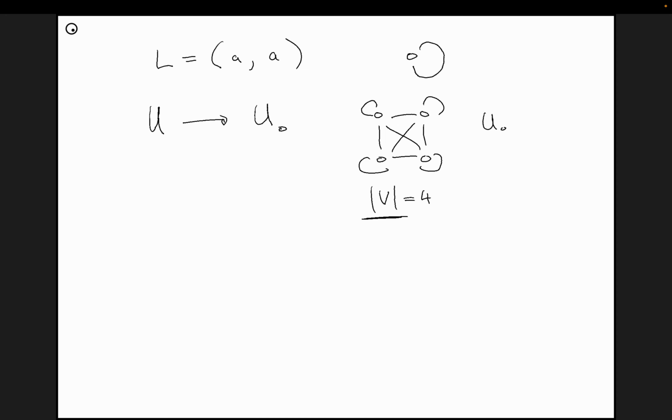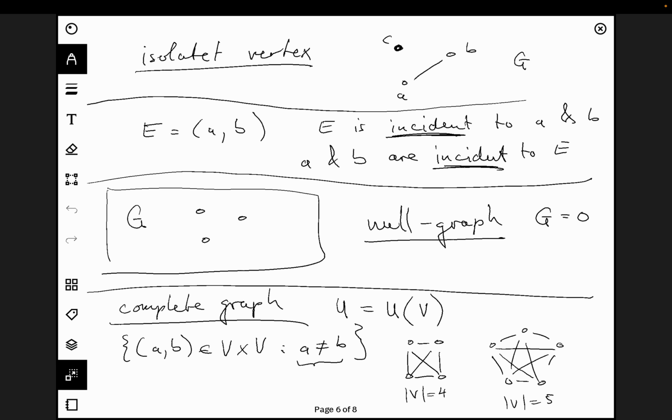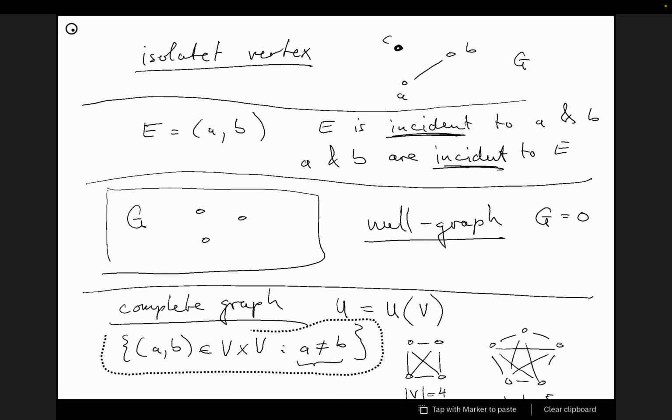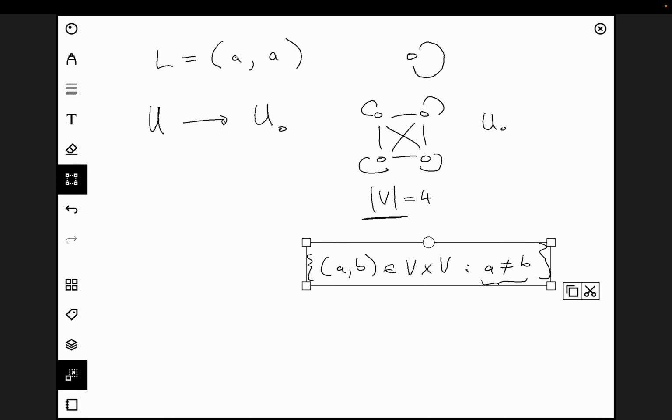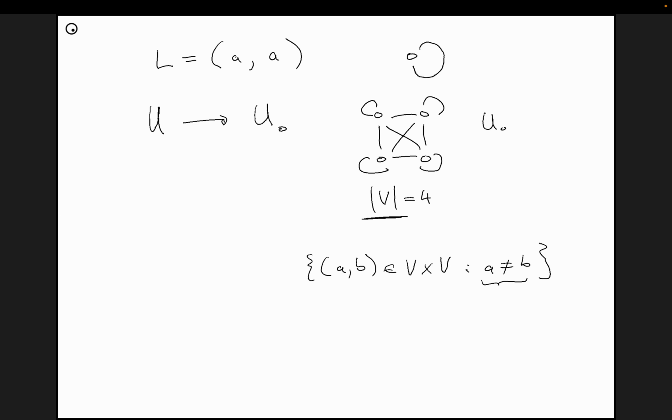So if you think of the set of edges of a directed graph with E0, we don't restrict ourselves to A not equal to B. We just take really every possible pairing of our product space V cross V. That would be the first enlargement of the concept, and then we go to the second enlargement.